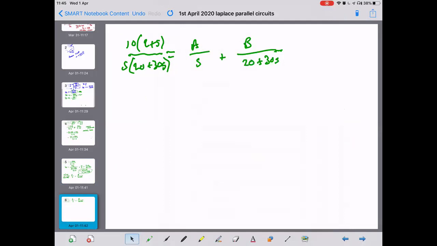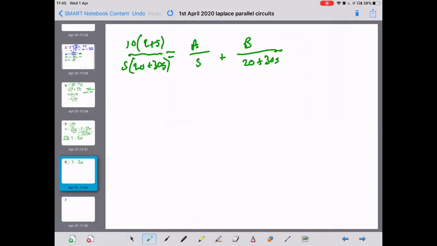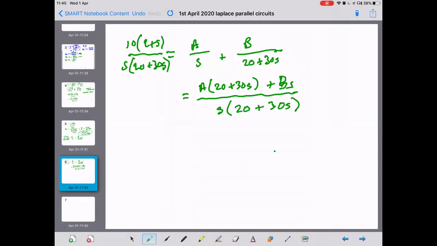So we have to multiply A by 20 plus 30s, and plus Bs. And then that would be all over s times 20 plus 30s, because then we can have the common denominator back.